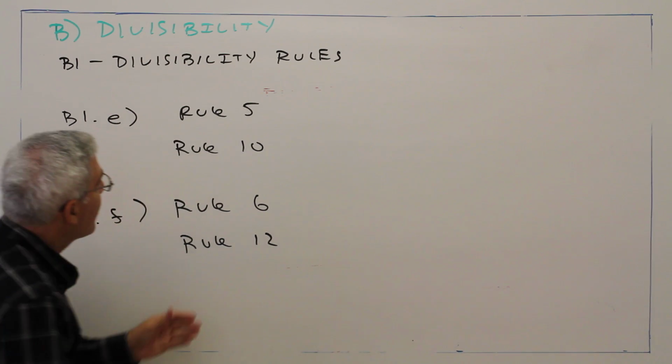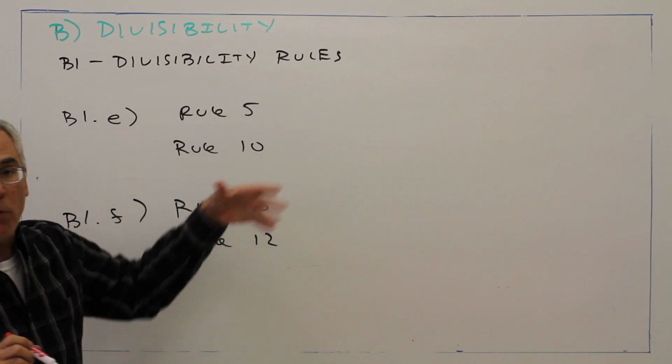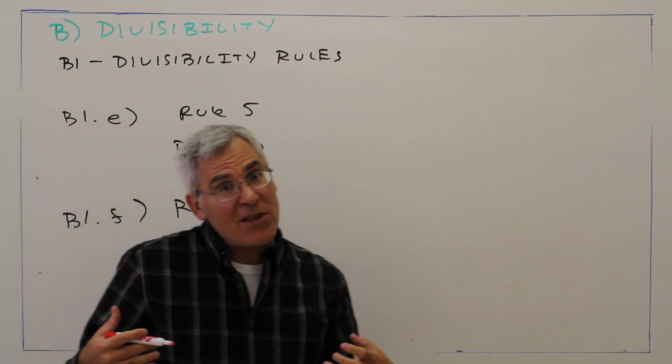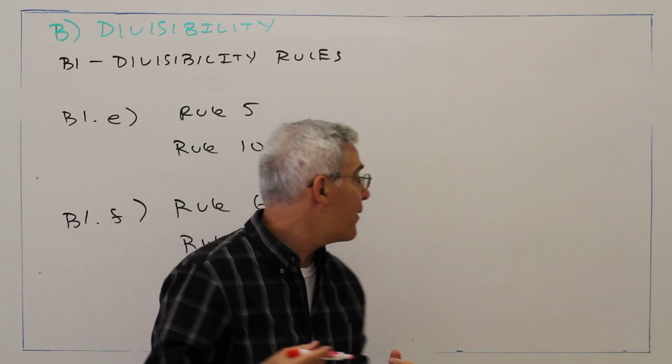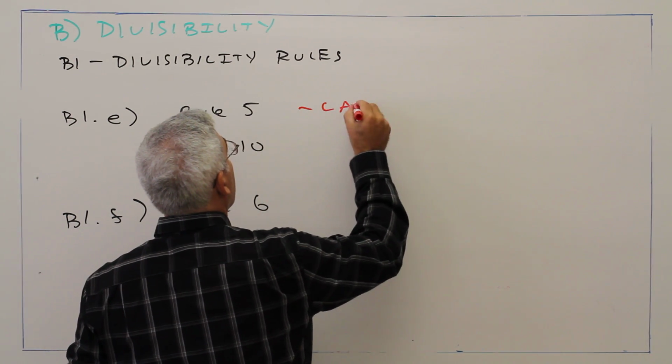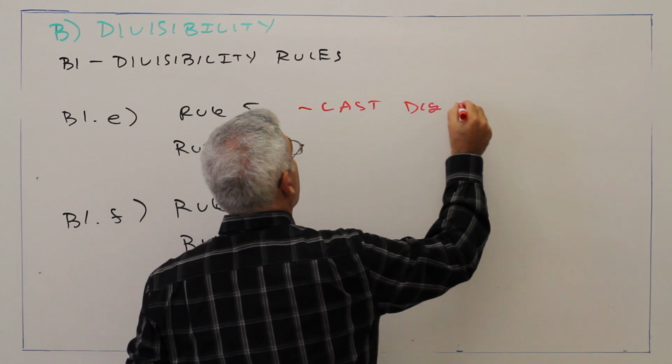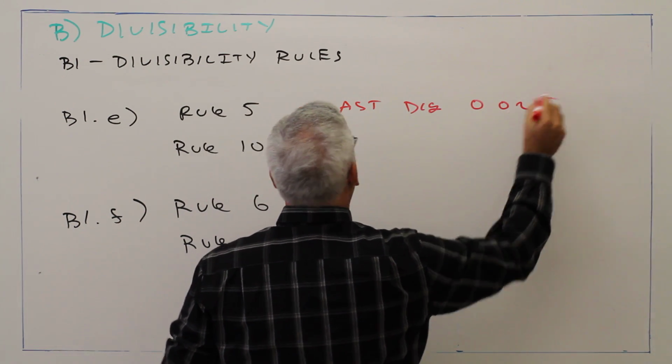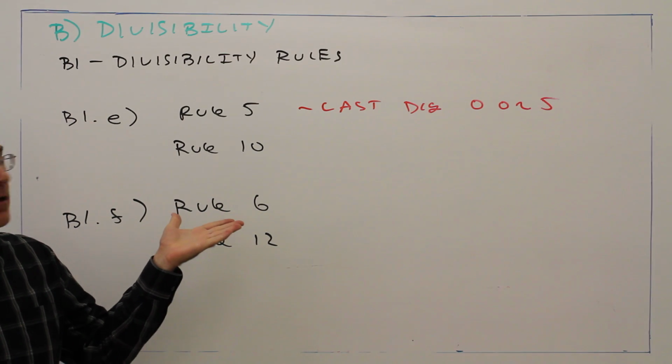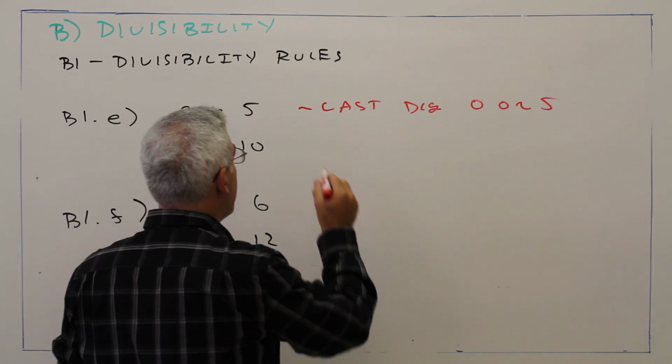Okay, so for the rule for 5, if the last digit is a 0 or 5, that's the rule. For divisible by 10, if the last digit is a 0.